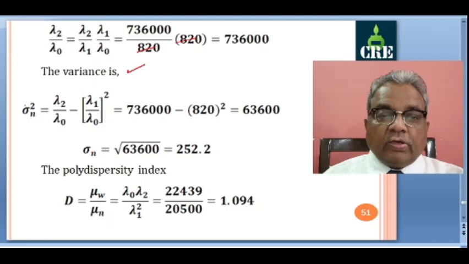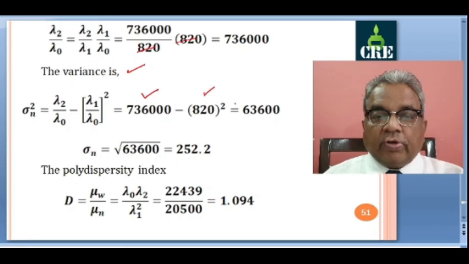Variance, if I want to calculate, is sigma n square, which is equal to lambda 2 by lambda 0 minus lambda 1 by lambda 0 squared. So lambda 2 by lambda 0 I will substitute with this value, and lambda 1 by lambda 0 I know is 820, so 820 squared.